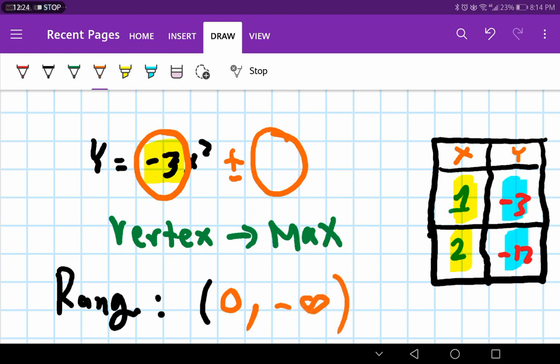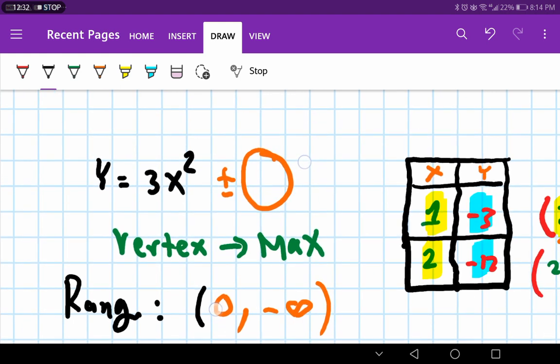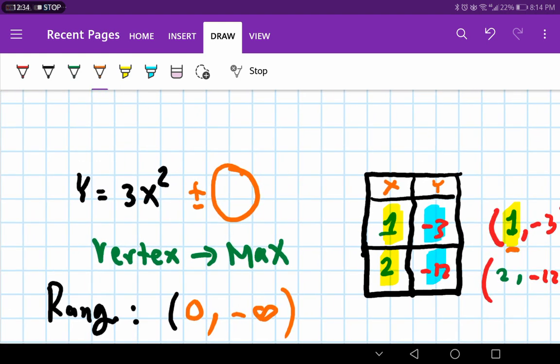Good. So teacher, if this part is positive, for example 3x squared, what is the range for this? My dear student, the domain is R, and the range for this one, you start as I taught you.